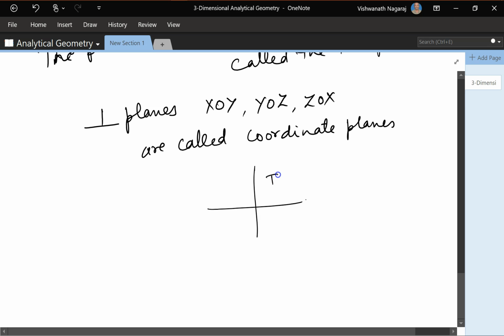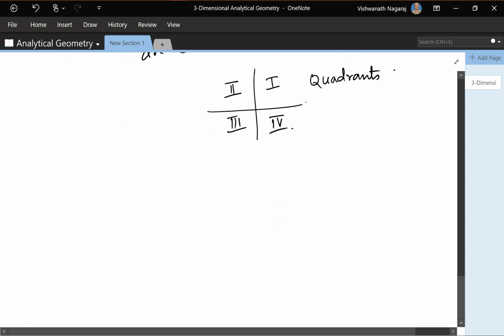Now, remember, in 2-dimensional, the coordinate system is made up of 4 quadrants: quadrant 1, quadrant 2, quadrant 3 and quadrant 4. Yes, so the plane is divided into 4 quadrants. Similarly, when we talk of 3-dimensional, here you have to visualize it a little bit. Let's say this is X, this is Y, this is Z, right? Now here let's focus on above the x-axis.